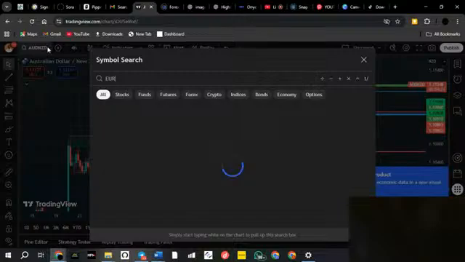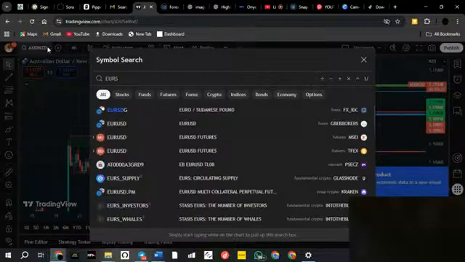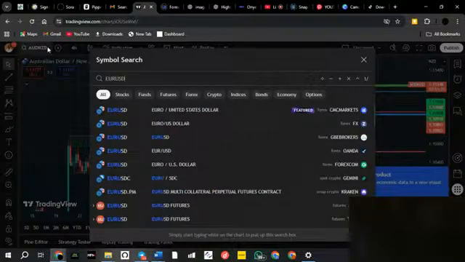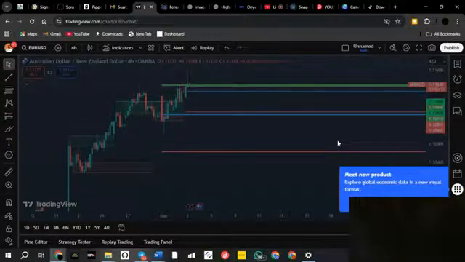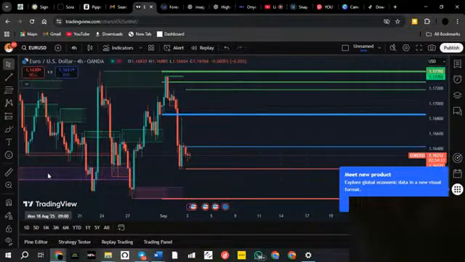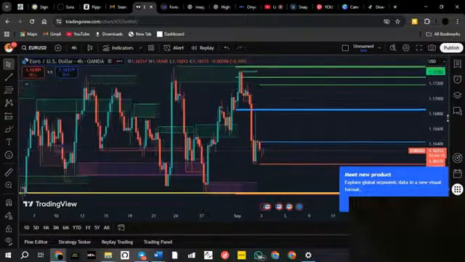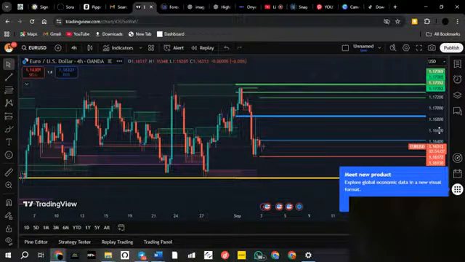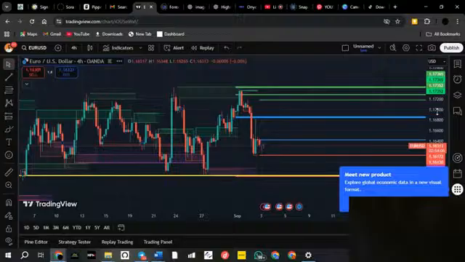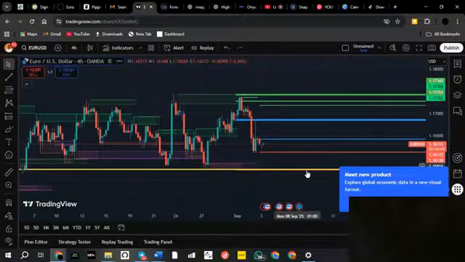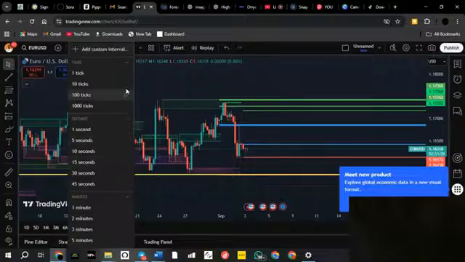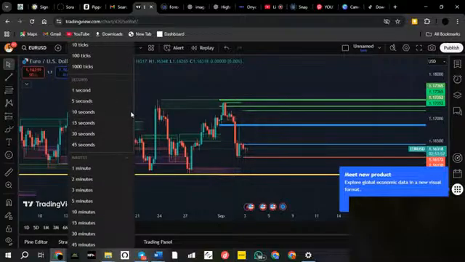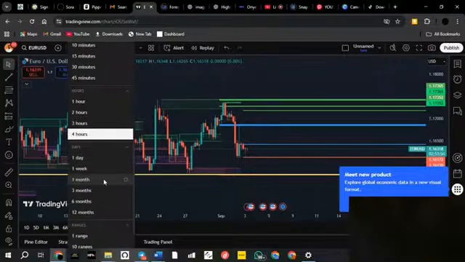Let's see. We're doing that on Trading View. Okay, so this is a 4 hours time frame. Let me go to the daily time frame so that we can capture the general bias.